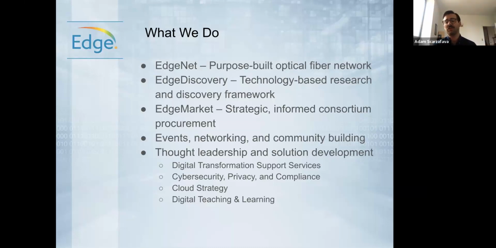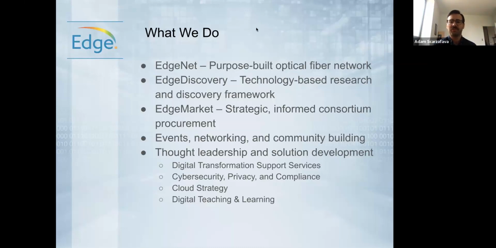And then digital teaching and learning, where lots of institutions have challenges really moving at scale into the online digital learning modality. We're there to help them do that, help train faculty, help train students. So Edge really provides a multifaceted organization in the support of technology across the higher ed institution, growing out of that heritage of networking and research.